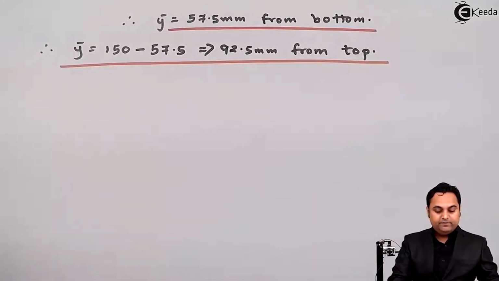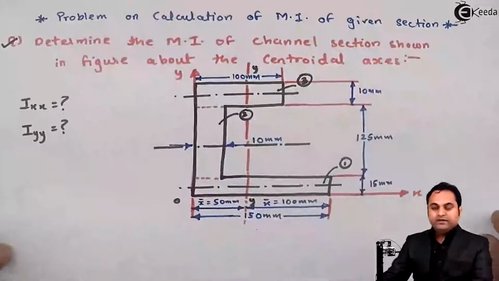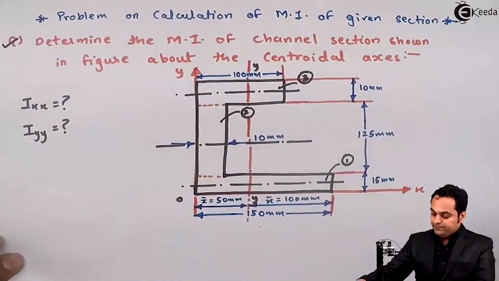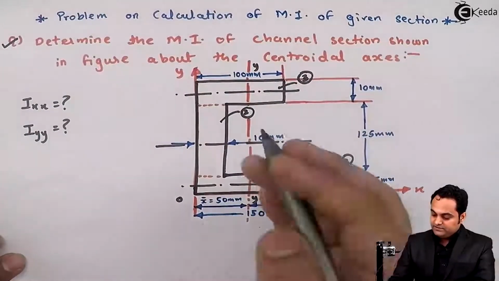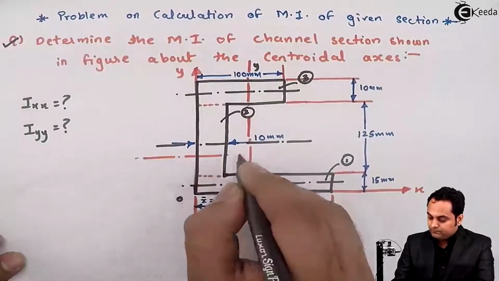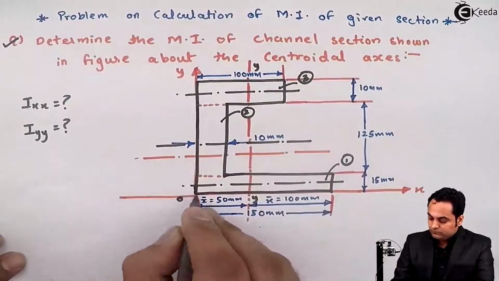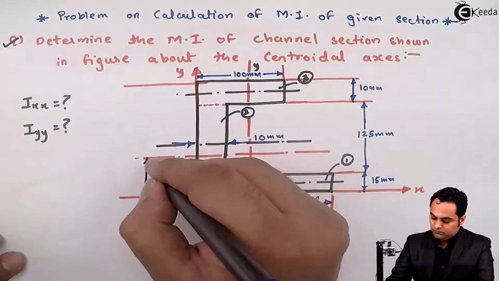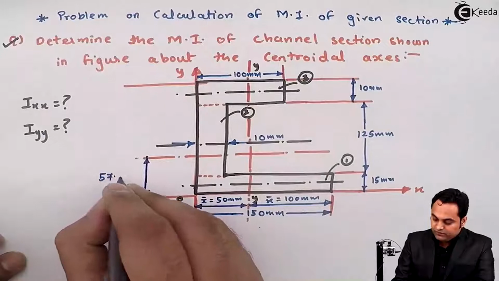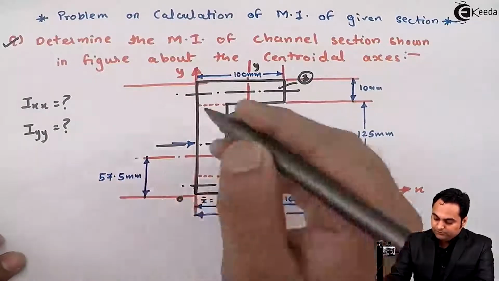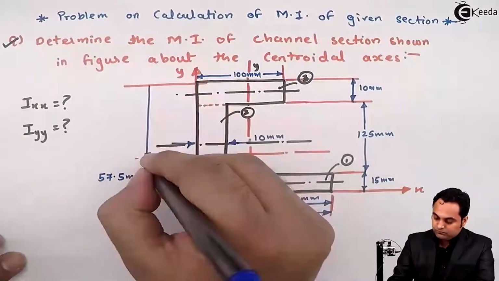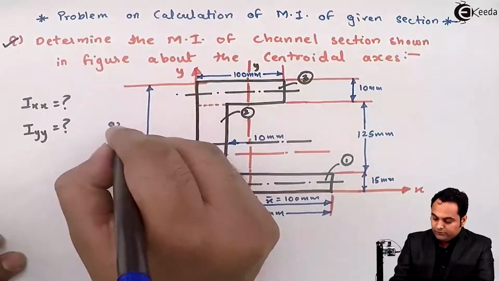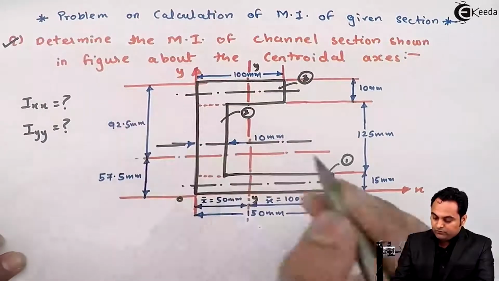So after getting the y bar values, we can say that the x-axis has been located. The x-axis is at 57.5 mm from bottom and 92.5 mm from top.